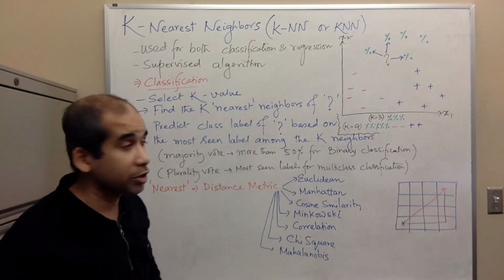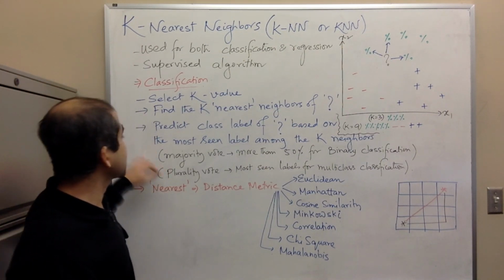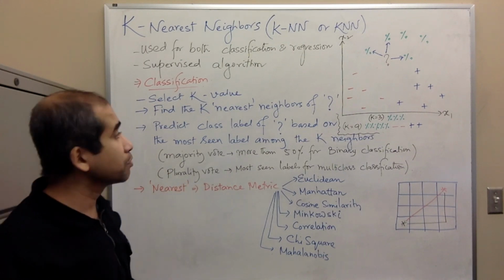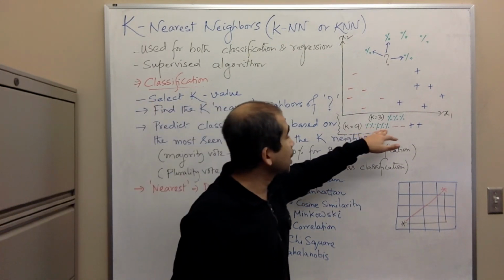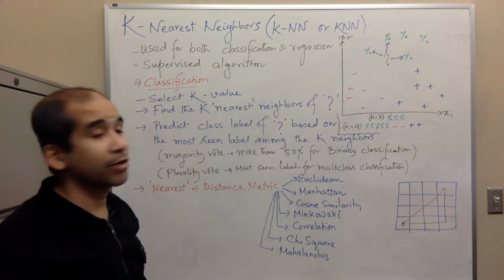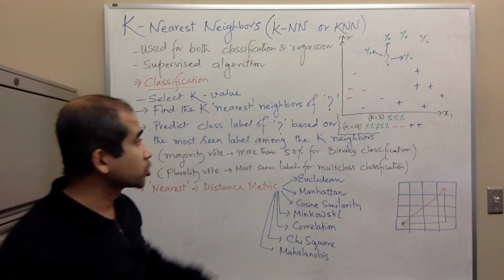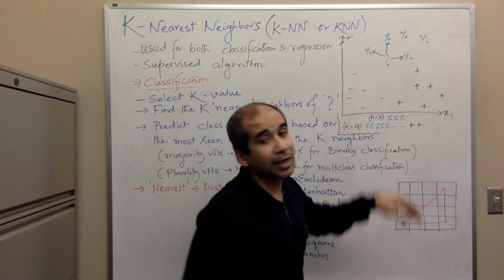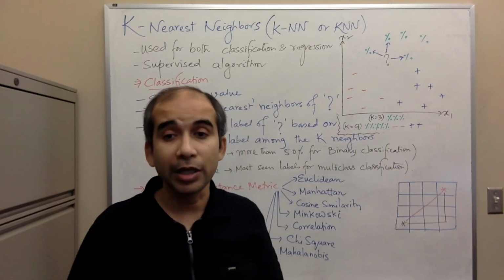Here we call it a plurality vote, which means 5 are from one particular class and the rest is a contribution of 2 and 2. So this will still determine the class of the new data point.